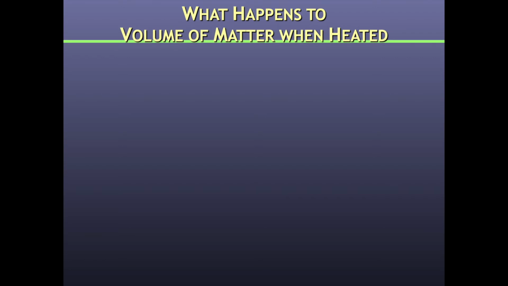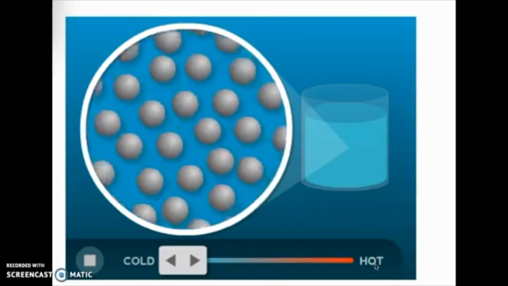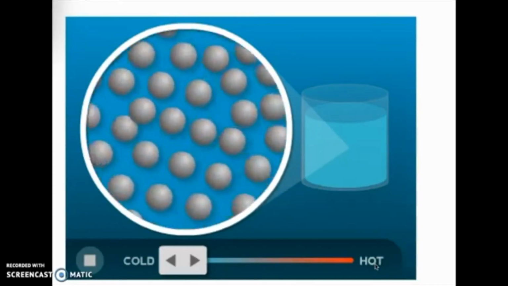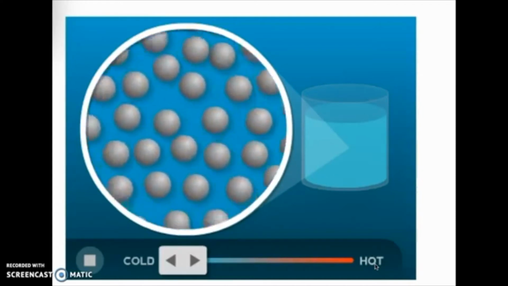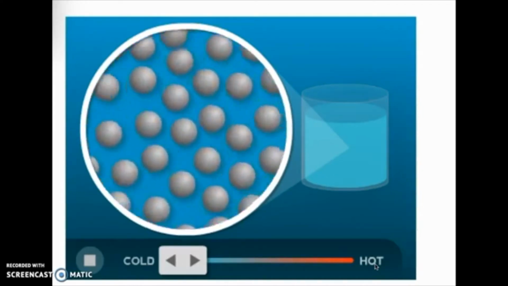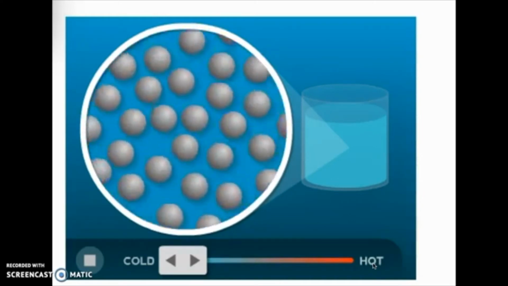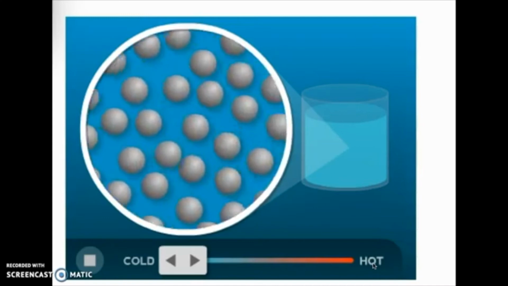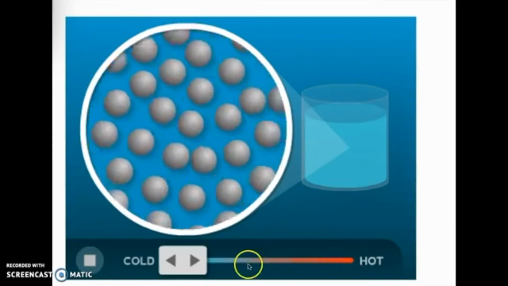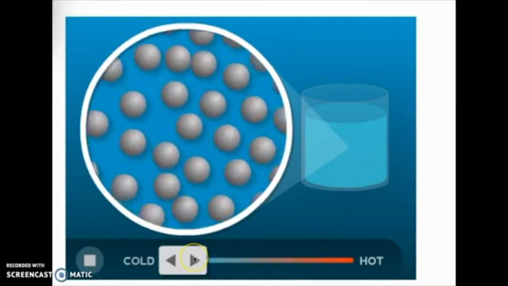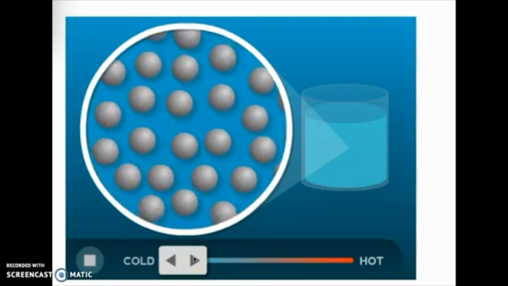I've got a little simulator here that will help us to understand what happens to the volume of matter. This video shows the particles that are in matter moving. And this is in a liquid. The example for this one is a liquid, but this would apply to all types of matter.